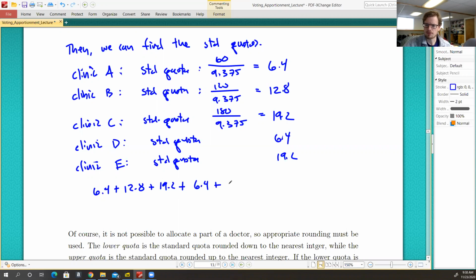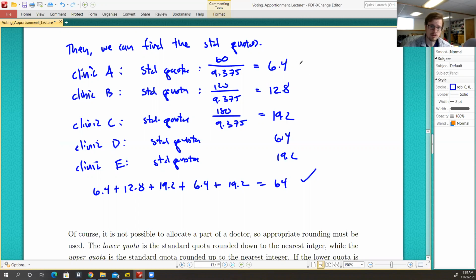If I add up what's been distributed to all of the clinics using these decimal forms, I find that this is in fact equal to 64. So that's perfect. But again, we cannot distribute 4/10 of a doctor. That does not make sense. So how many doctors should clinic A really get? How many doctors should clinic B really get?